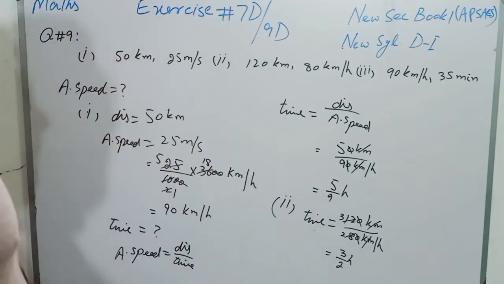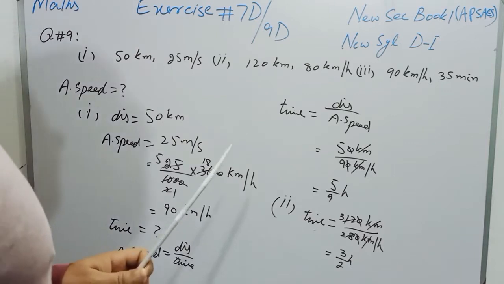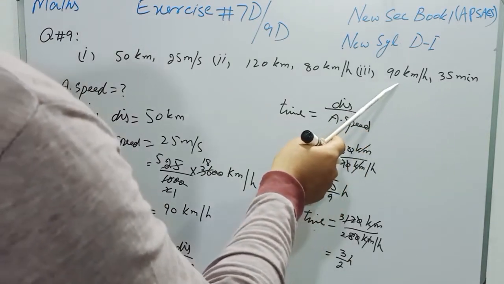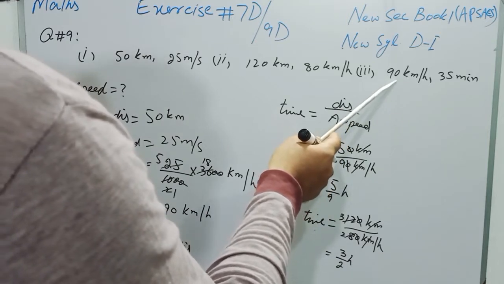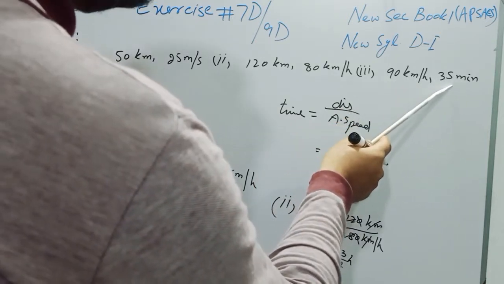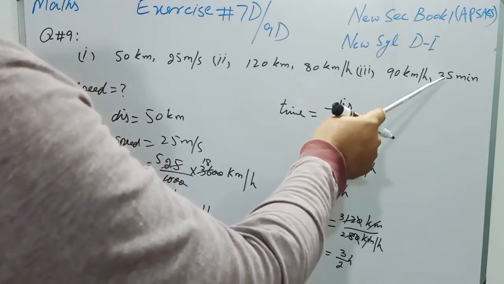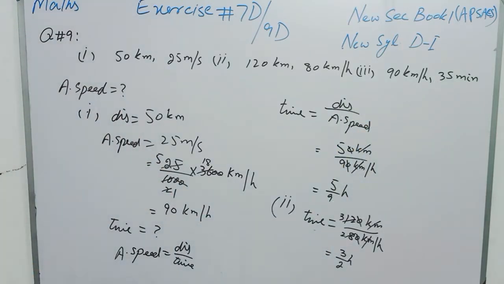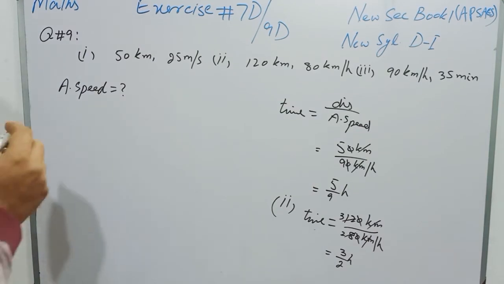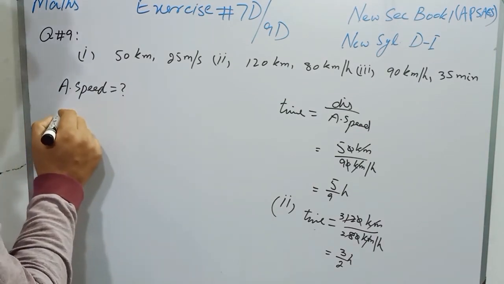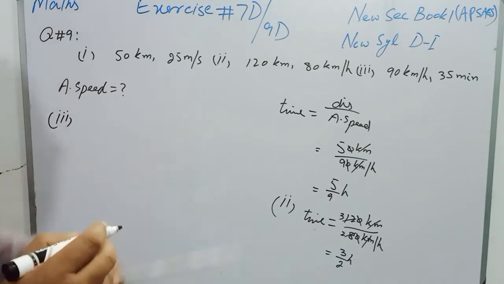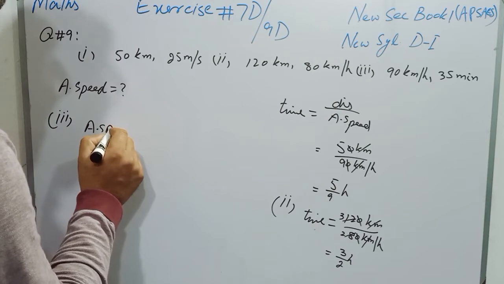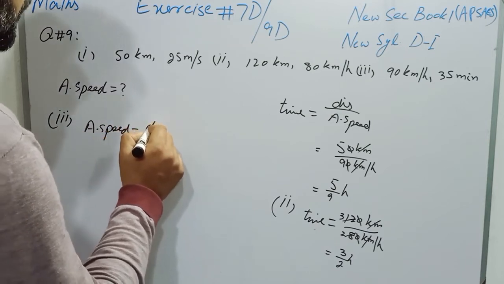Now students, for the third part of the journey, I will find the distance because average speed is given and time is given in minutes. So first I will convert time into hours. So students, I am going to solve the third part of the question, in which we have to find distance, and average speed is equal to distance over time.